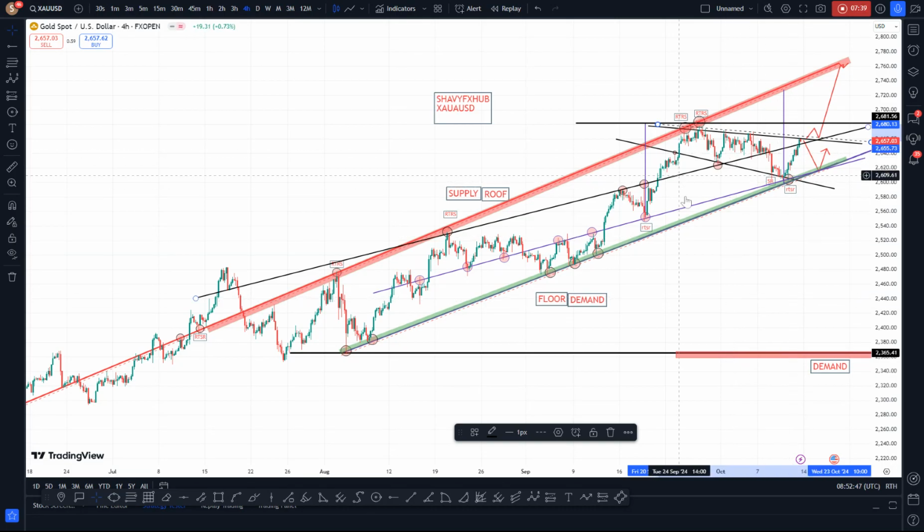But when you look at it from this angle, from this line, close of Friday, the market closed above this level. So a little push above, taking us above this resistance structure, exposes the supply roof for a possibility. Look at the wave. When we broke and came here, look at what we did.